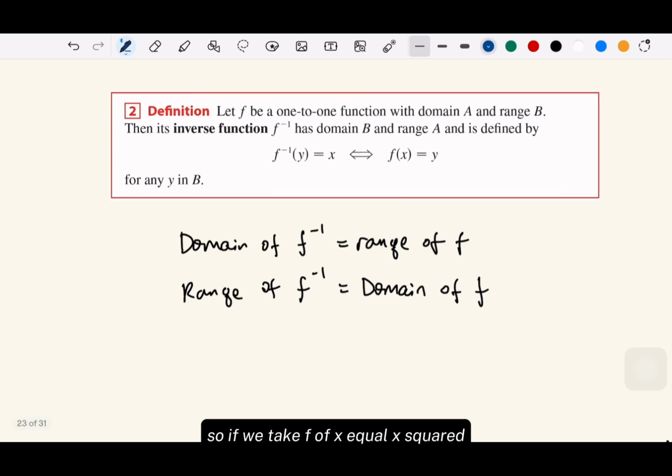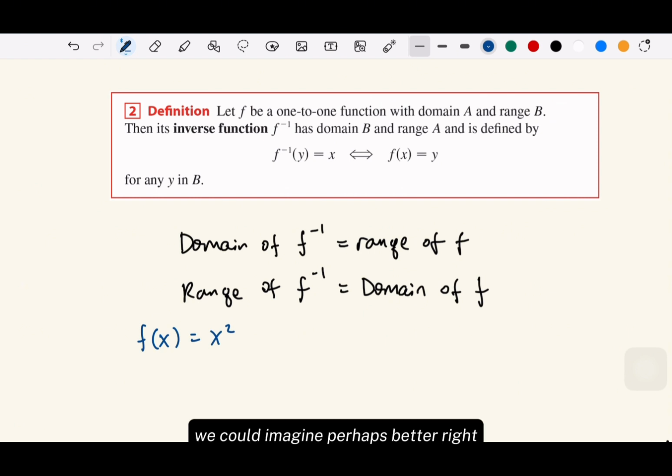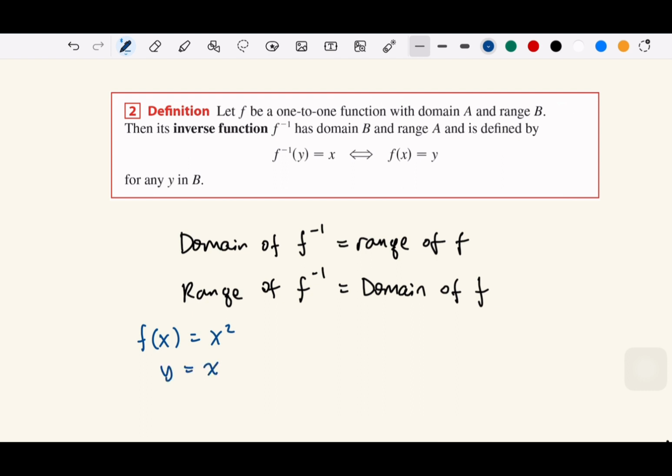So if we take f of x equal x squared, we could imagine perhaps better written with y, so y equals x squared.